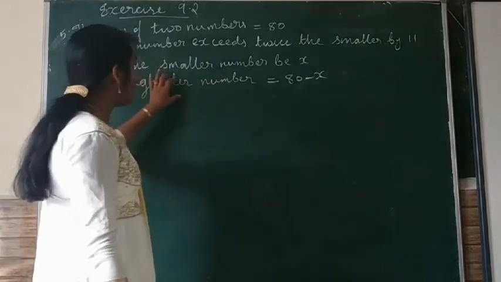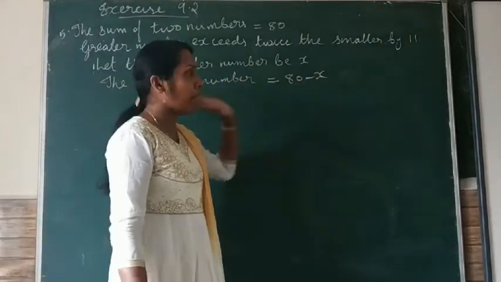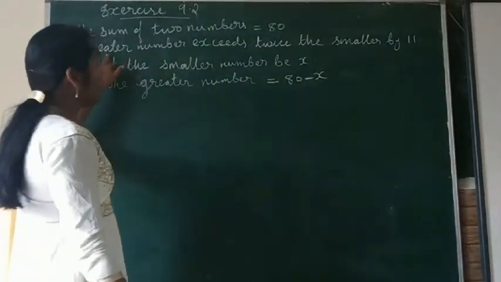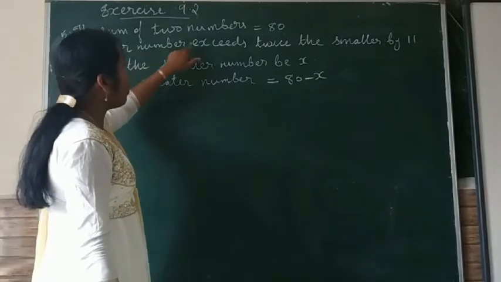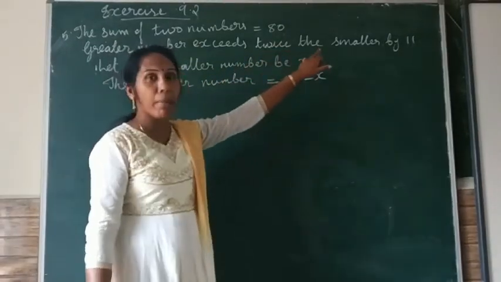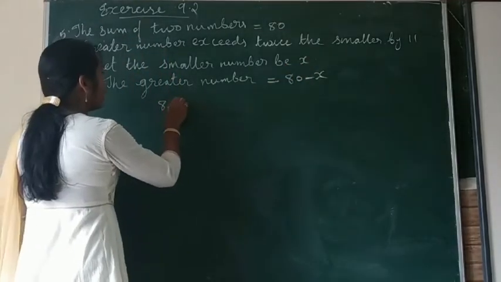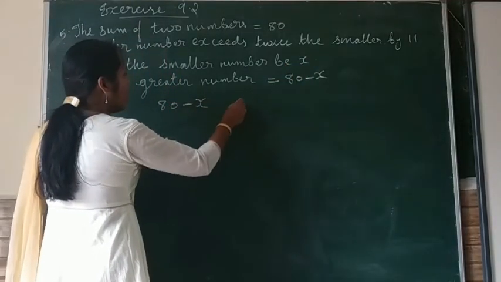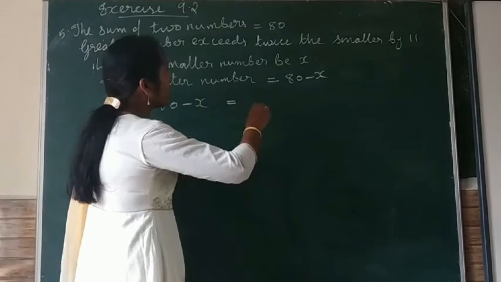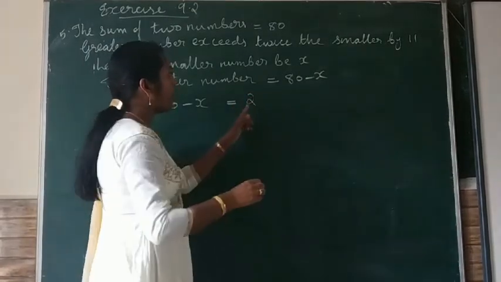So we can write the other number, or the greater number, as 80 minus x. Now the next condition: the greater number exceeds twice the smaller by 11. The greater number, 80 minus x, exceeds twice the smaller number. Twice the smaller number means 2x.